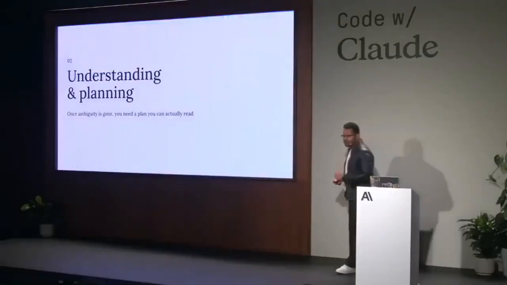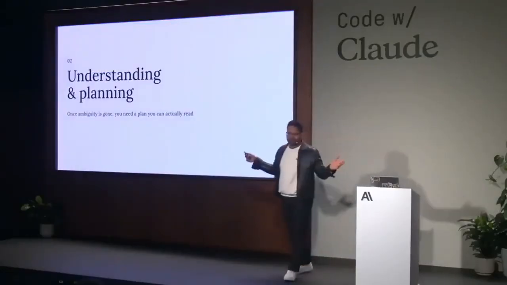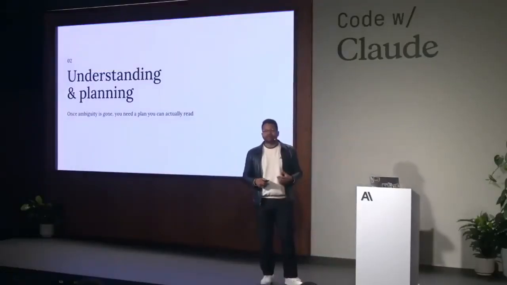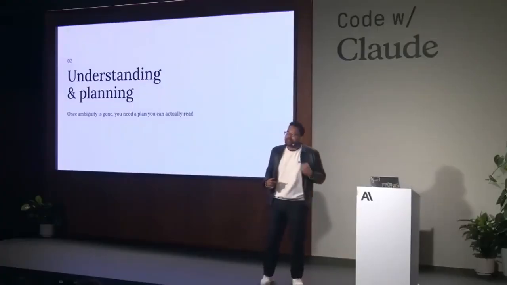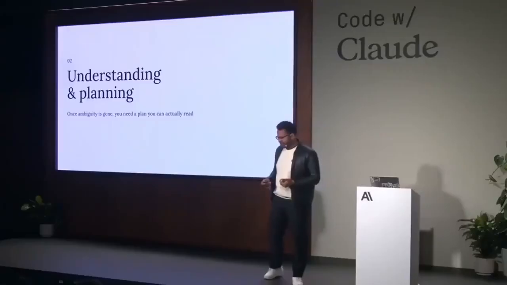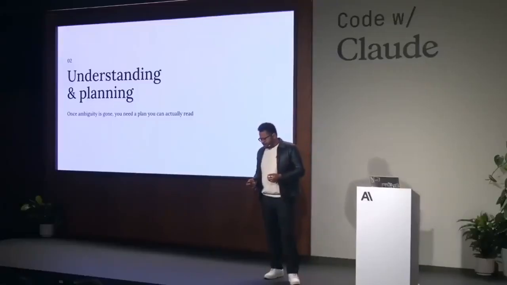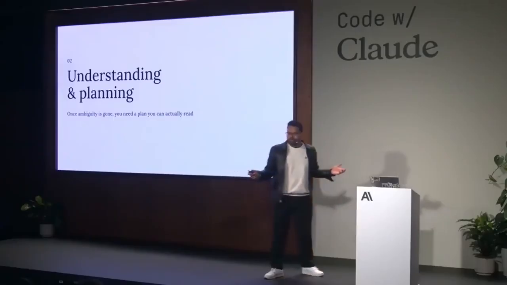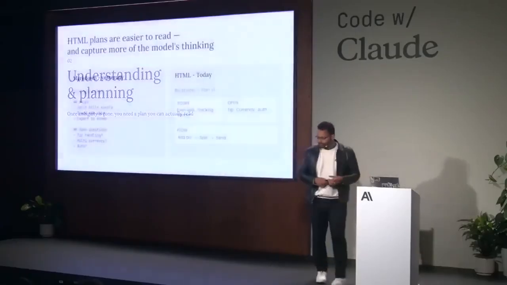Great. So let's say we have a plan. It generates a plan. We've answered some questions. It's getting better at extracting turn by turn from me what I actually want without me having to verbalize everything upfront myself. Then I want to be able to check, is it what I want?